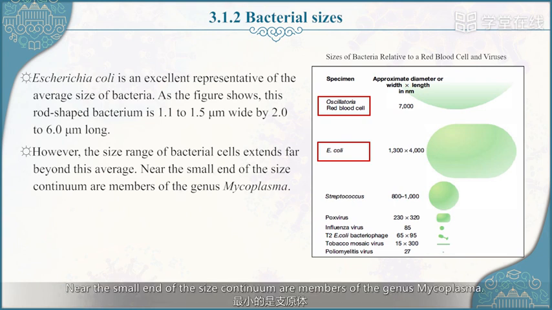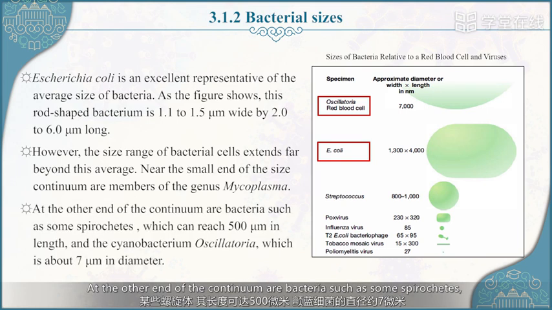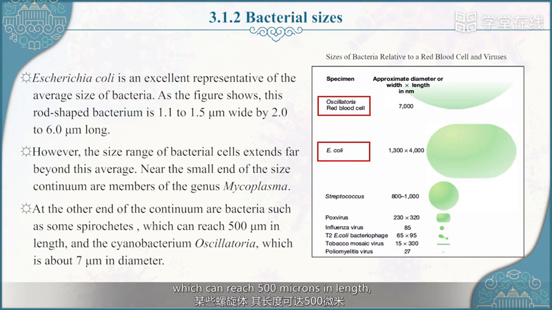Near the small end of the size continuum are bacteria of the genus Mycoplasma, and at the other end of the continuum are bacteria such as some spirochetes, which can reach 500 microns in length, and the cyanobacterium Oscillatoria, which is about 7 microns in diameter.